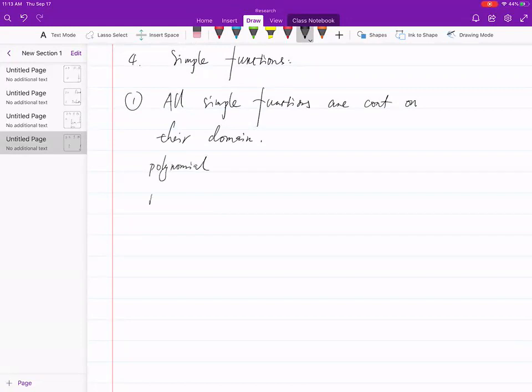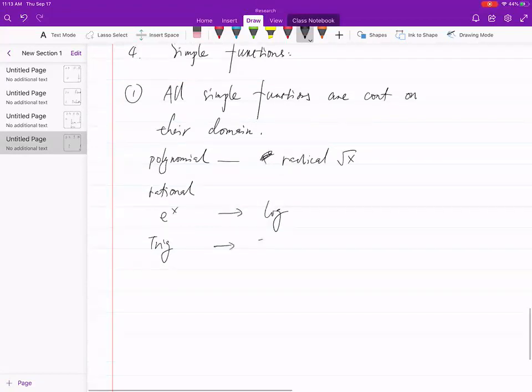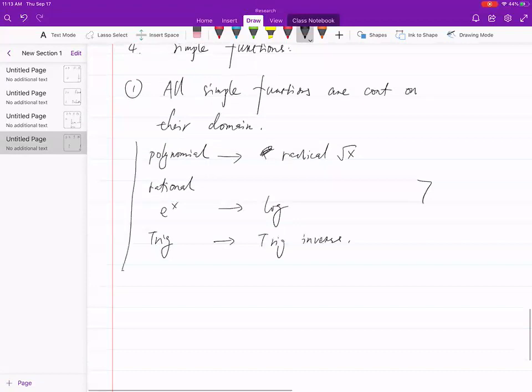Polynomial, rational, exponential, and trig. Polynomial is x squared. Therefore, they give you something radical, which is square root. e to the x gives you something log, and the trig gives you something trig inverse, through inverse functions. Remember, we only have 7. We already have 7 here. That means we exhausted all the possible list. These are called simple functions.